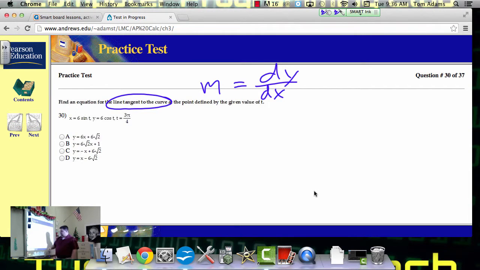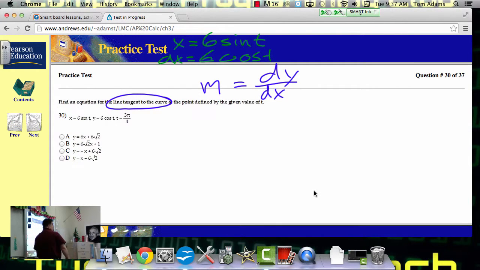If x is equal to 6 sine of t, then dx dt is equal to 6 cosine of t.